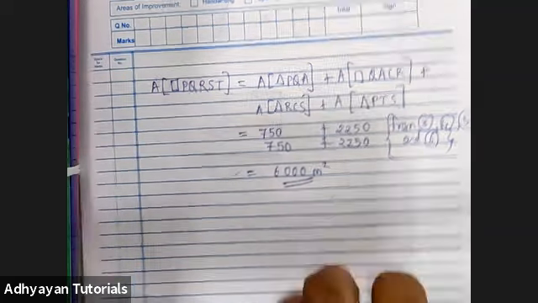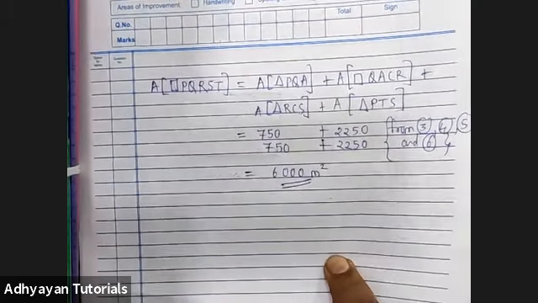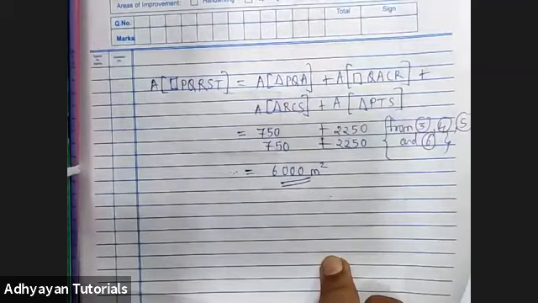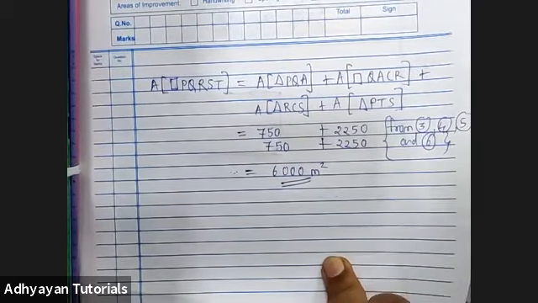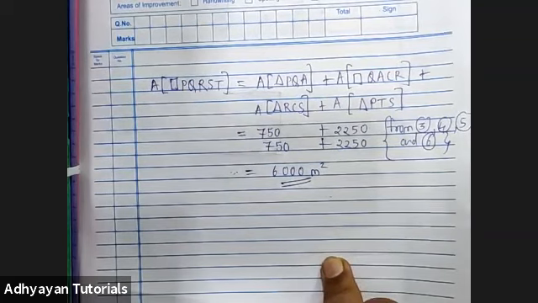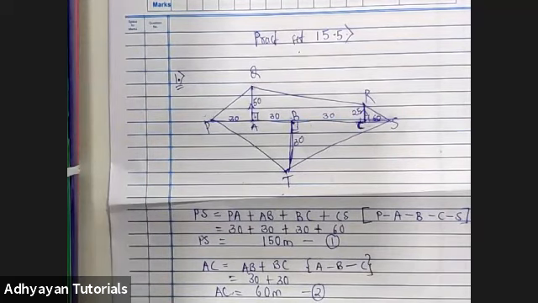Omkar has completed it. Shreya is done. So I believe most of the kids might have finished by now. Moving on to the next sum, the final sum of the exercise.